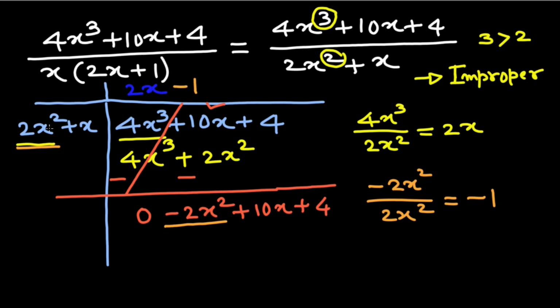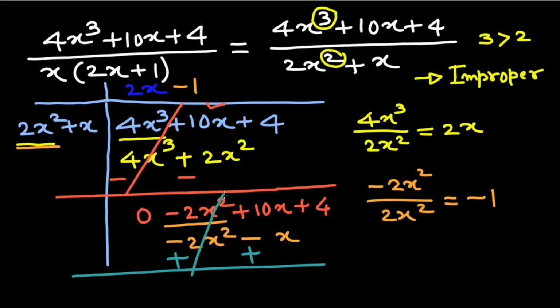Then we multiply 2x square plus x by minus 1 and write minus 2x square minus x plus 4. Let's change the signs, plus plus, so this gets cancelled. This will be 11x plus 4. So this is our quotient and this is remainder.